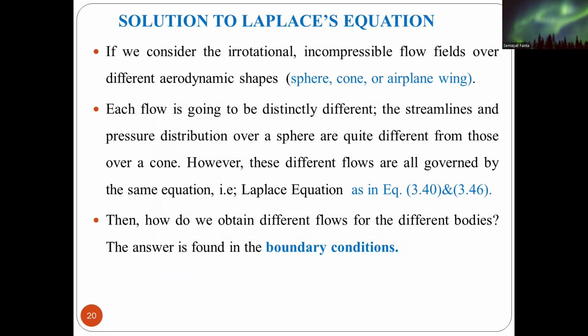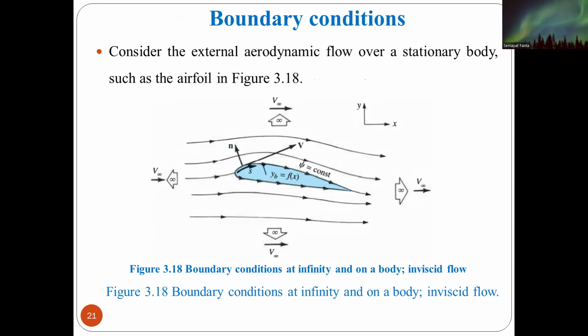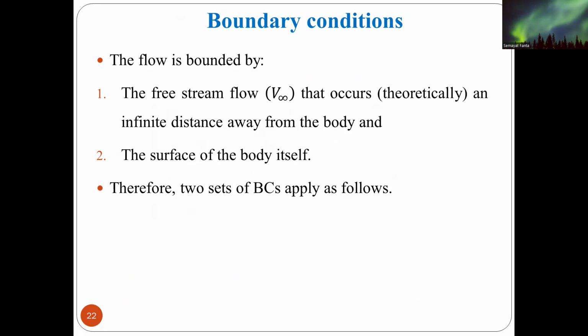So if we consider irrotational incompressible flow field over different aerodynamic shapes, the flow is bounded by, one, the free stream velocity, a flow that occurs theoretically an infinite distance away from the body, and the second, the surface of the body itself, which is considered another boundary condition. So applying these boundary conditions, we can find a solution for each of the different geometric shapes.